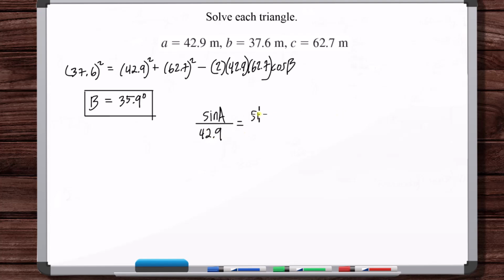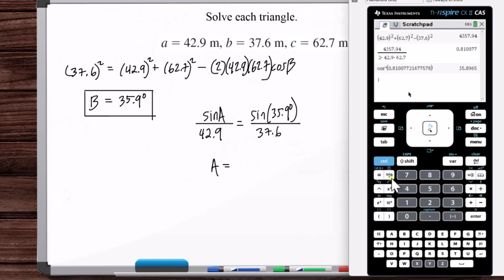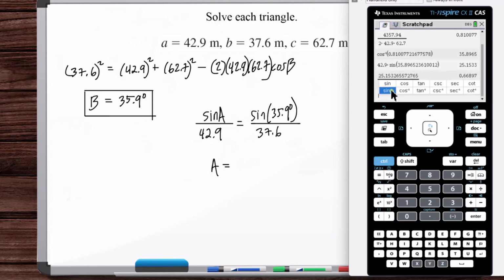Okay, now sine of 35.9 degrees over side length B. So A is going to be 42.9 times sine of this angle here divided by 37.6. Okay.